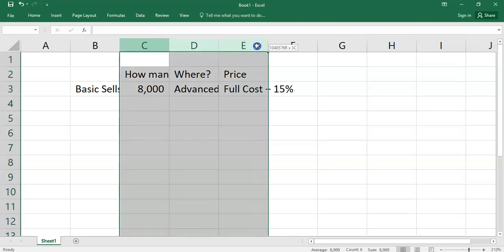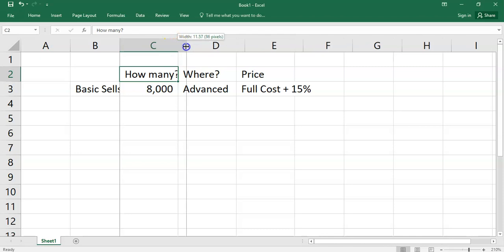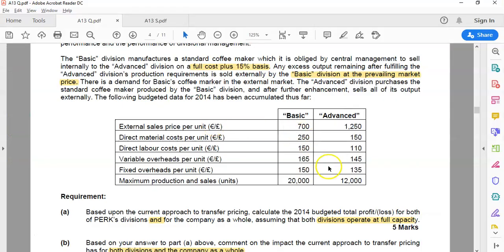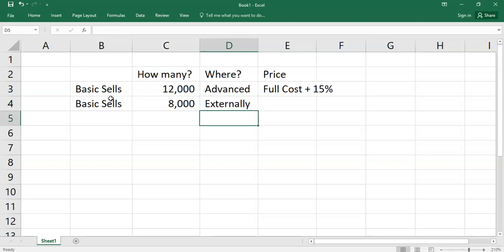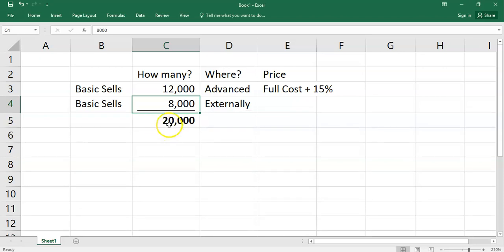You're just trying to get an idea, and that's the way you should be laying it out. How many does basic sell to advanced? 12,000, because that's the capacity of advanced. That means basic sells 8,000 externally to a third party, because remember, basic has a capacity of 20,000 and you're told to assume it's at full capacity.